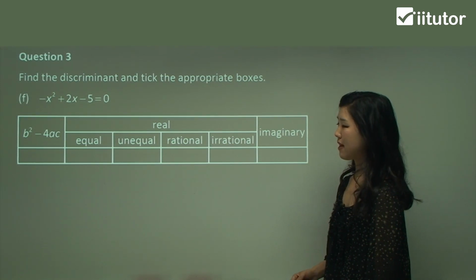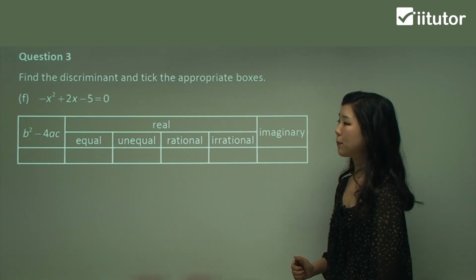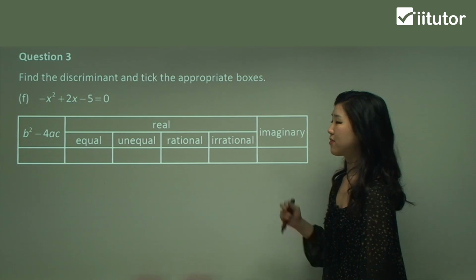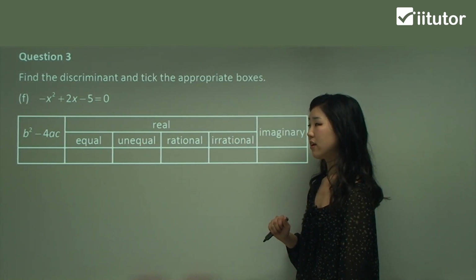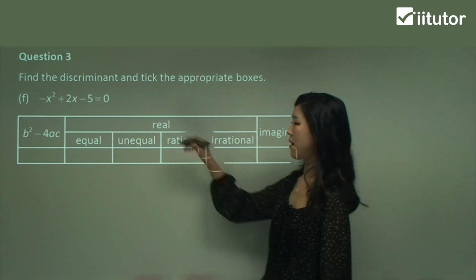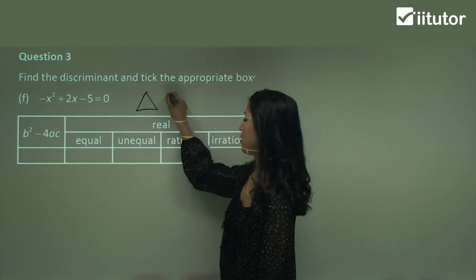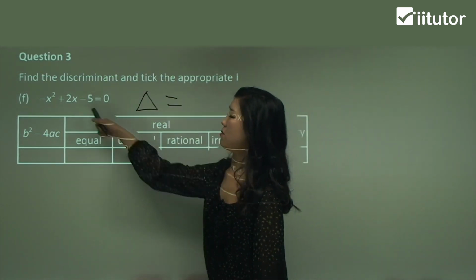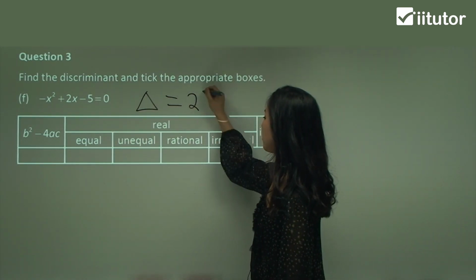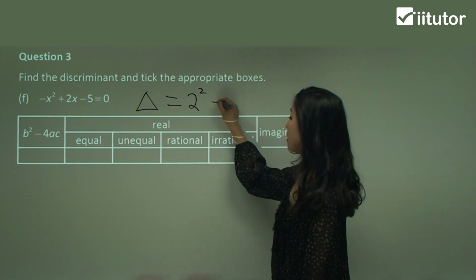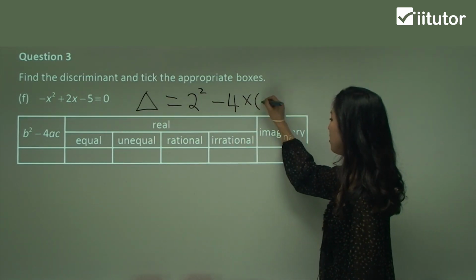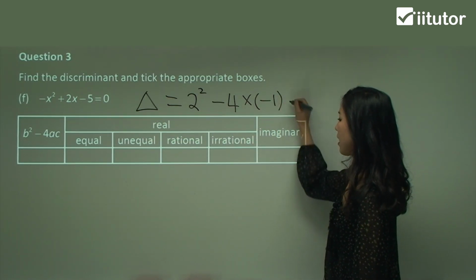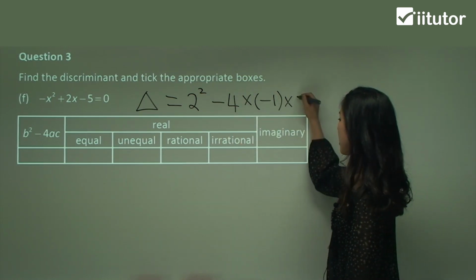Now F says negative x squared plus 2x minus 5 equal to 0. Okay, now let's again find our discriminant. Equals b squared, which is 2 squared, minus 4 times a, which is negative 1, times c, which is negative 5.